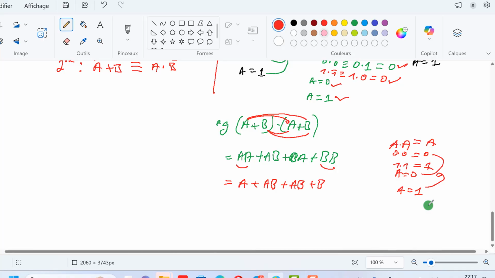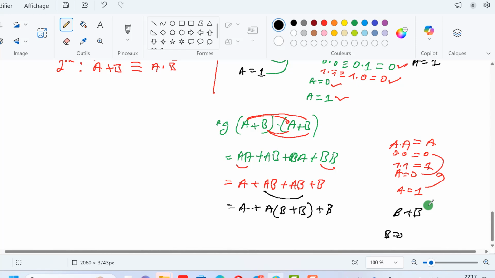If you look at this very well, you realize that A is common, or maybe B is common. So you factorize any. Let us factorize A. I'm going to have B plus B inside. So B plus B here is something you can simplify. You write B plus B and test.